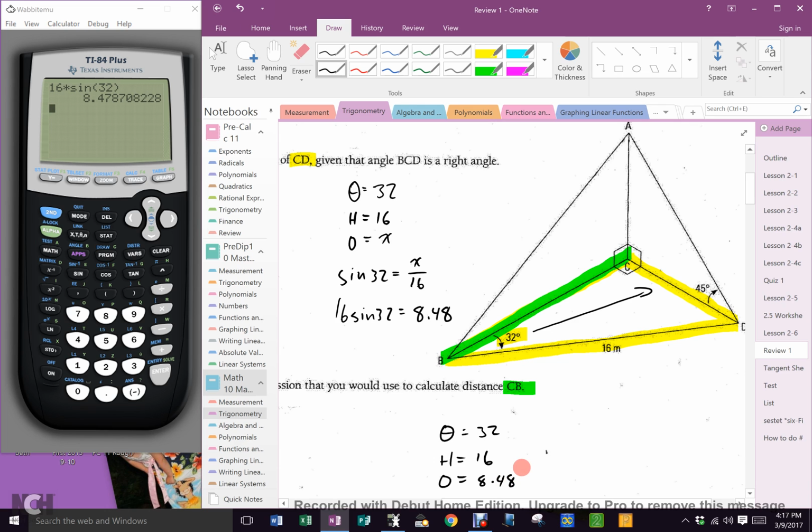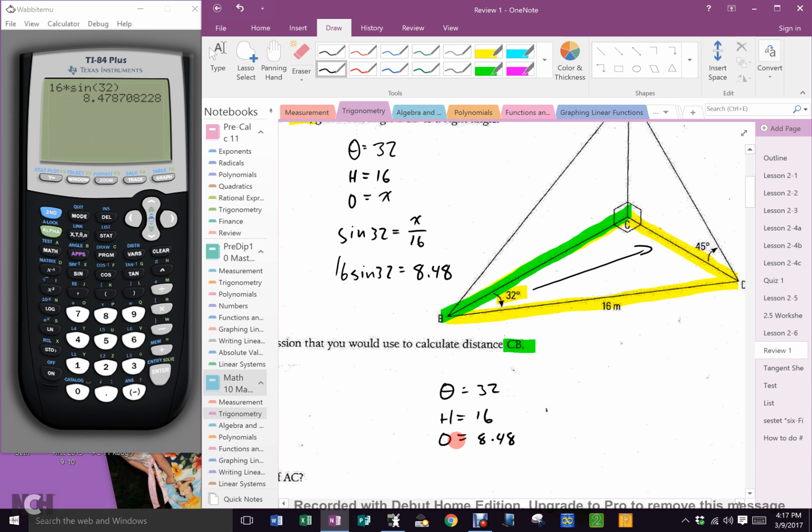So I could use, and I need an adjacent. That's my X. So I could use sine, cos, or tan. Oh, sorry, I can't use sine. I can use cos or tan.